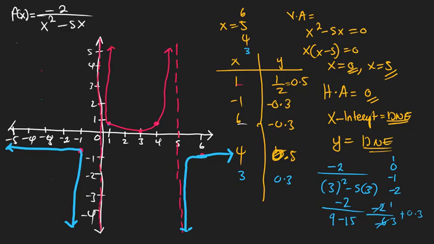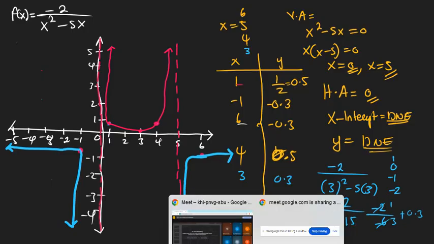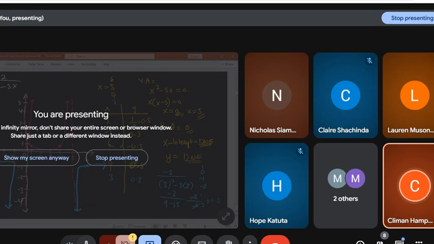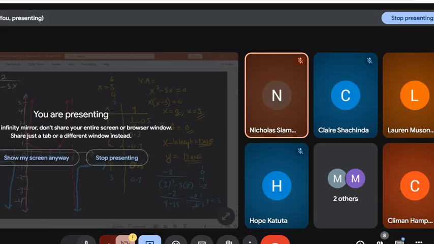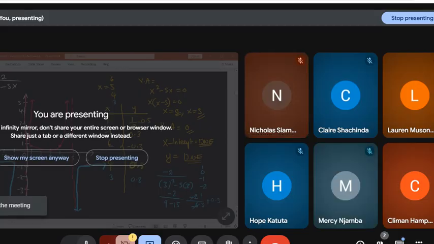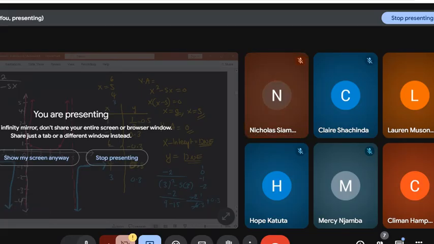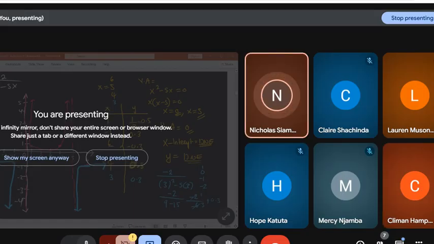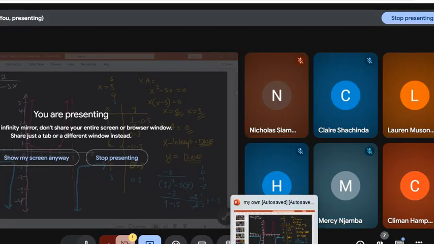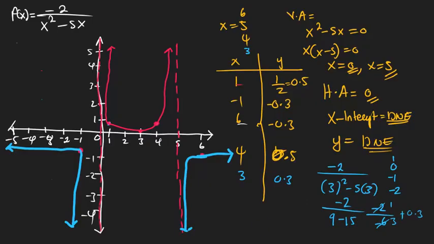Then you can do the same thing. You find your domain and your range. Guys, any question? The horizontal asymptote. You didn't include the horizontal asymptote.